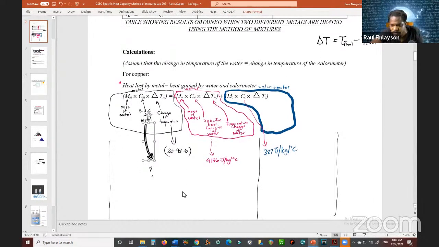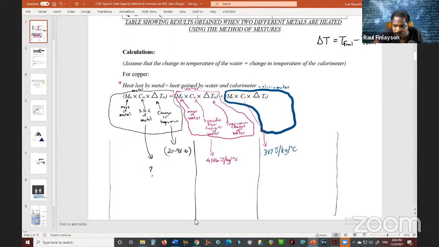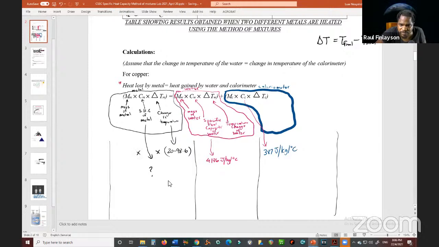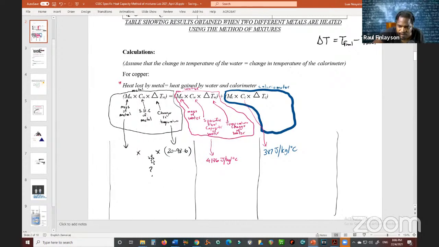Remember that this is for the metal part of that there. Remember that the specific heat capacity of the metal is unknown. We're multiplying it by an unknown, and the mass of the metal we can carry down here into this question. Let's just take out that part. Yeah, there we go. We're just going to put CM here. Let's carry that down, CM.